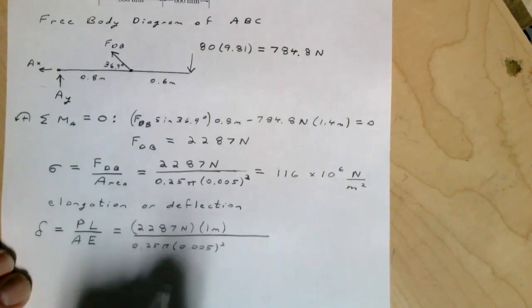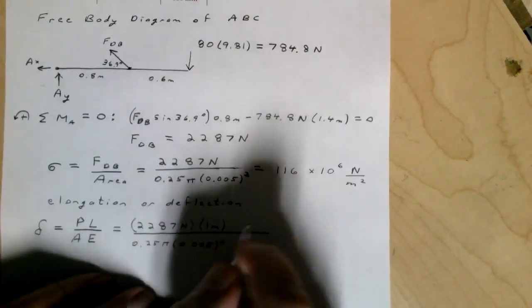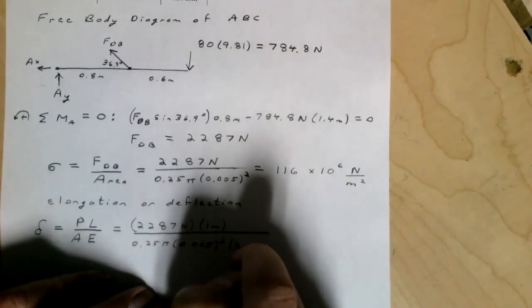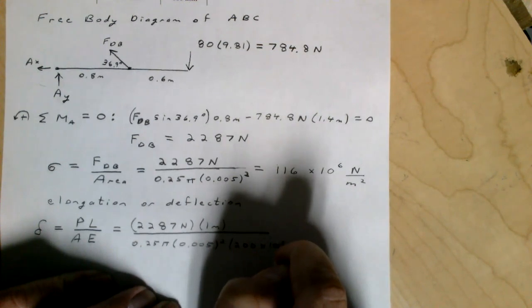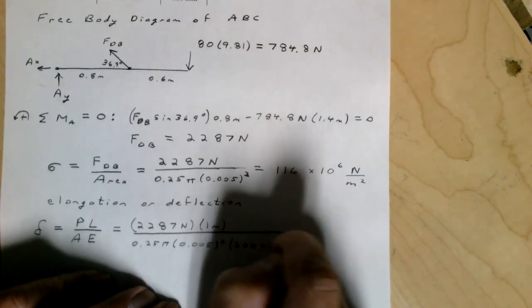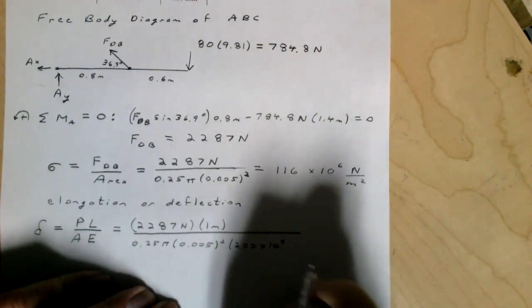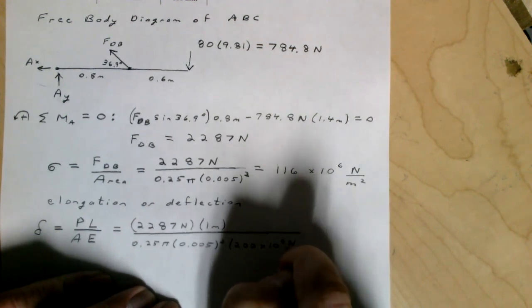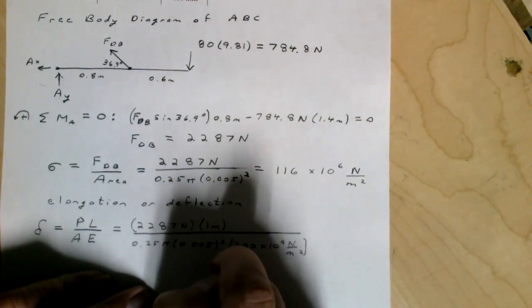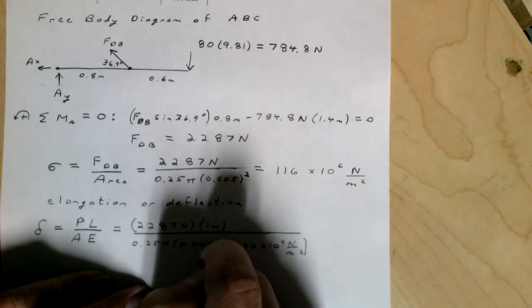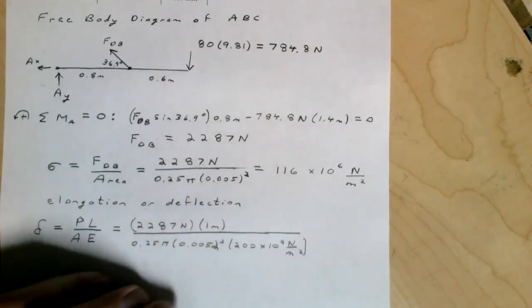Then E is our Young's modulus, which the back of the book tells us is 200 times 10 to the 9th newtons per meter squared.